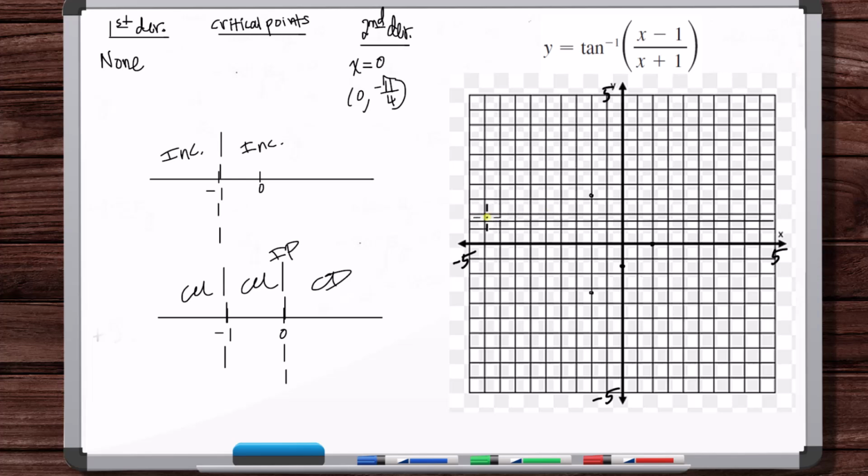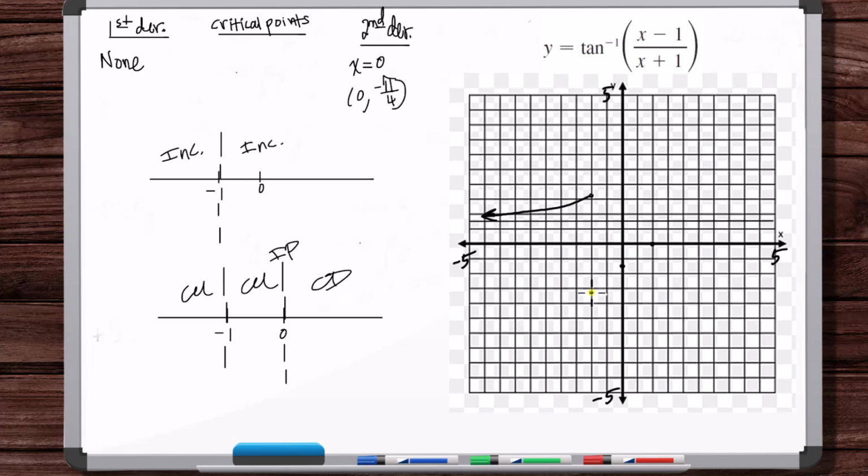Just like that. Concave up, approaching this horizontal asymptote, increasing. And then as x approaches minus 1 from the left, just approaching that pi over 2. Okay?